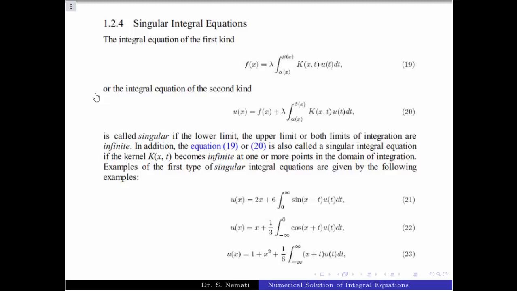Here we see the different types of singular integral equations. Let's start with the definition and see the difference between first kind and second kind singular integral equation. If you remember in the previous discussions, when we talked about second kind and first kind, we referred to the function f being 0 or non-zero.